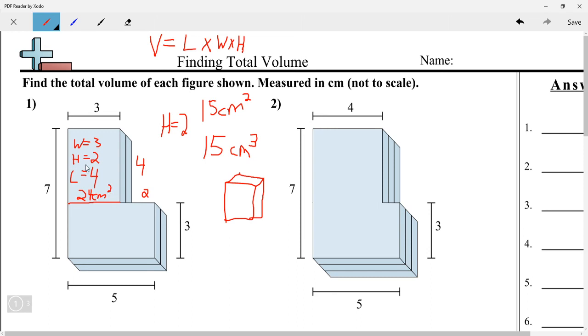Oh, yeah. Okay, and you always have to make sure you add in the height. So it is cubed. So it is 24 centimeters cubed. Now let's figure out this one. What is the length and width of this one? So this is 5 times 3, right? So the length is 5.